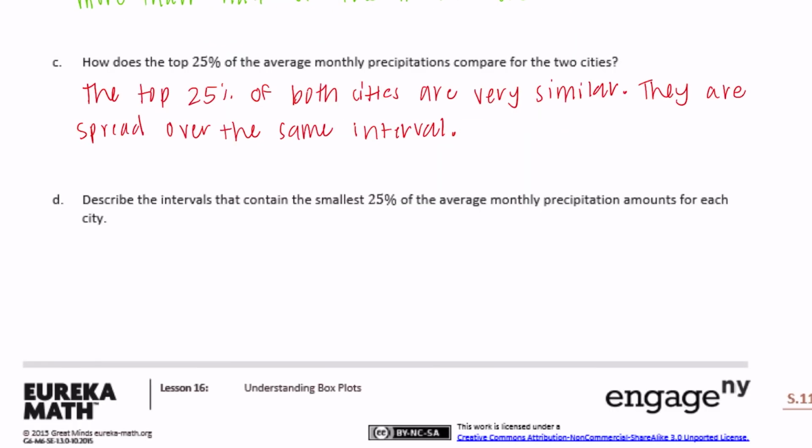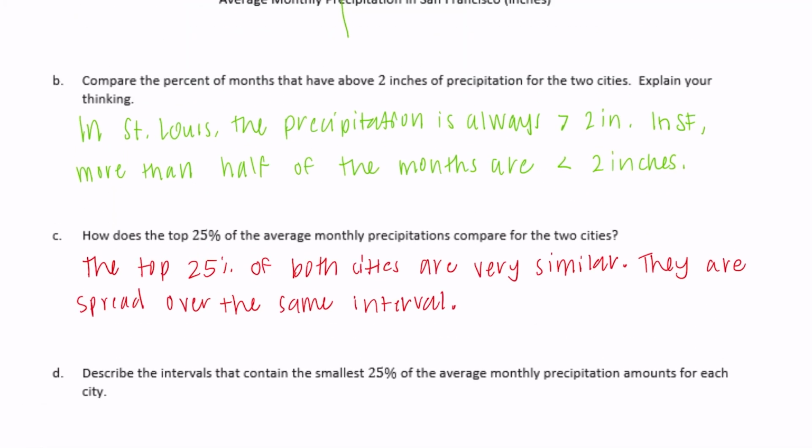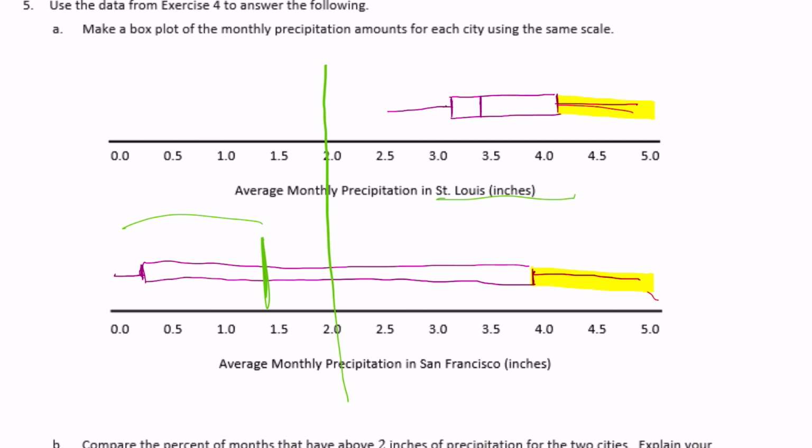D, describe the intervals that contain the smallest 25% of the average monthly precipitation amounts for each city. So now we're looking at the smallest 25%. St. Louis ranges from about 2.5 to 3 inches, whereas San Francisco is like 0 to 0.2 inches. So this is where they vary greatly.